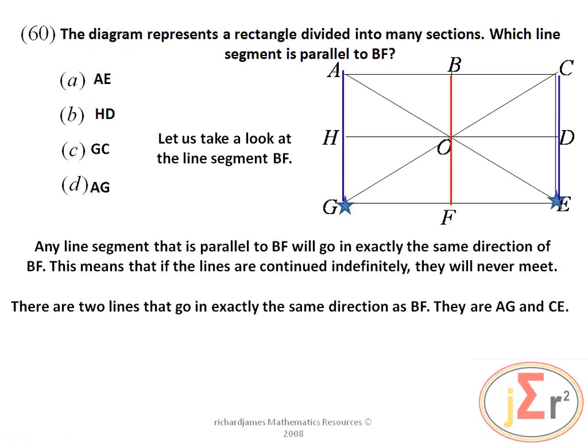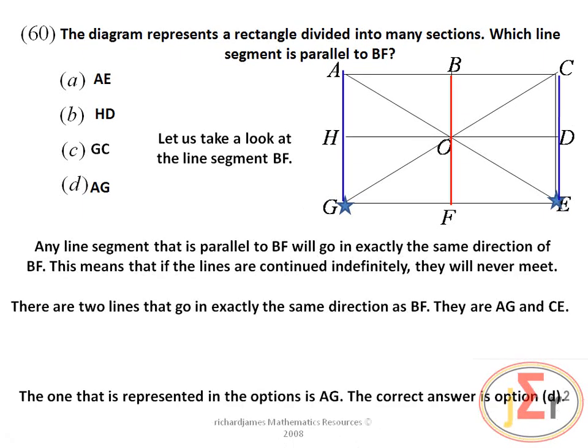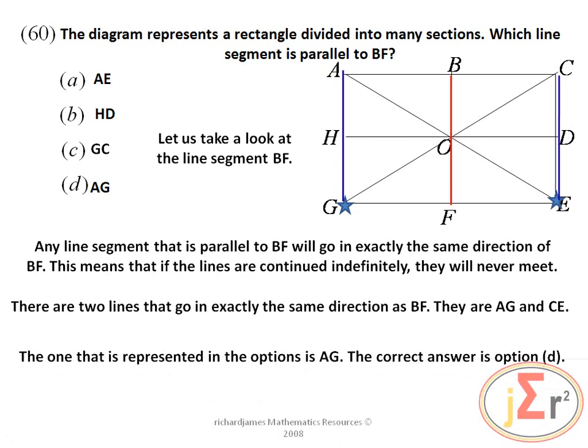They are AG and CE. The one that is represented in the options is AG. The correct answer is option D. Although CE is also parallel, it is not among the options. Only AG is among the options, so that represents our correct answer.